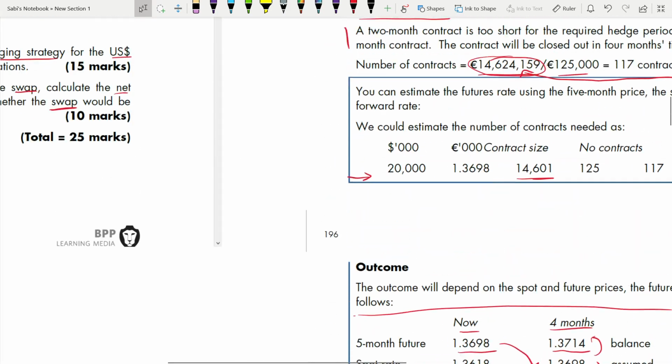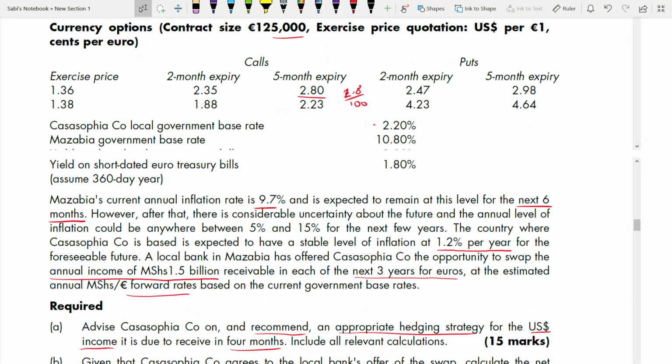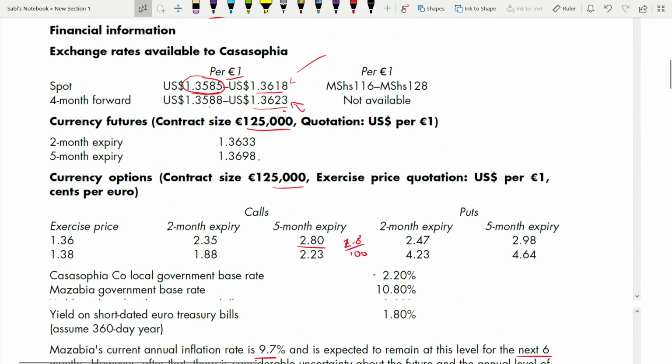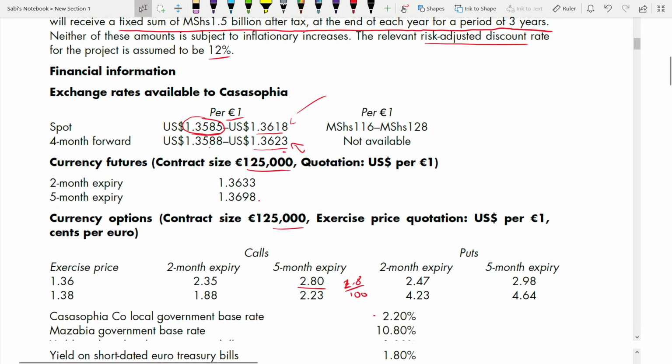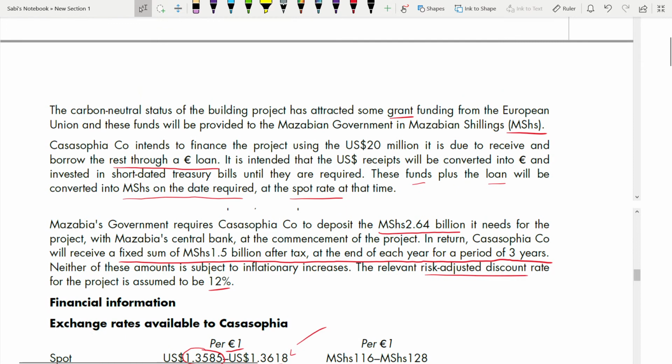That is the spot rate we have to use. Okay. Yes. You have to use what? Euro and which currency? I even forgot the name of the Mezabian shillings.